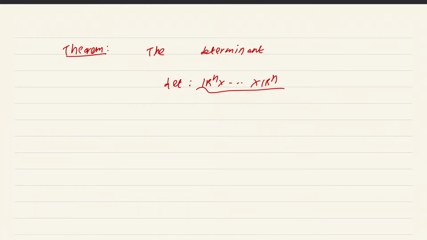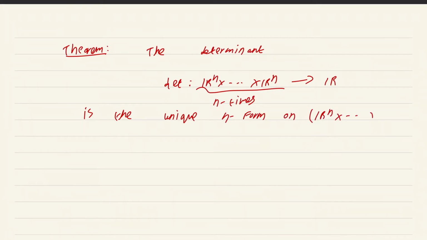So I can treat the determinant as a function defined on Rn cross Rn cross ... n times to R, is the unique n form on Rn cross ... Rn with the additional normalization condition that determinant of e1 to en is 1.